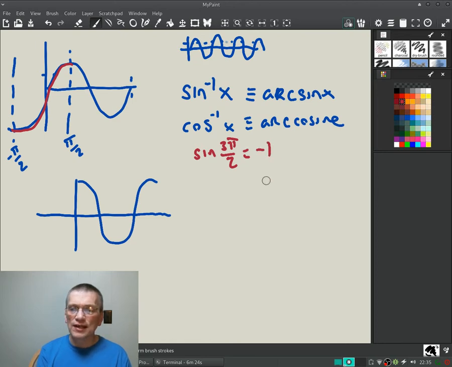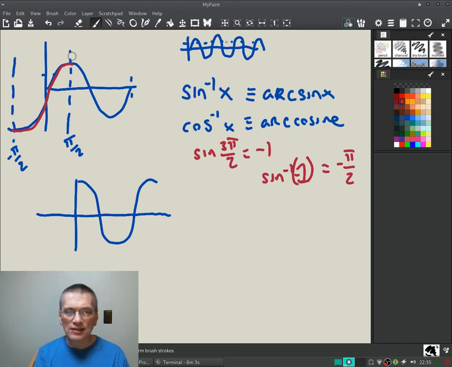But when you take the arc sine, or inverse sine, of -1, it will map back to minus pi over 2. And you can choose a huge number like 64 pi over 2, and it'll map back into this little section here. Alright?